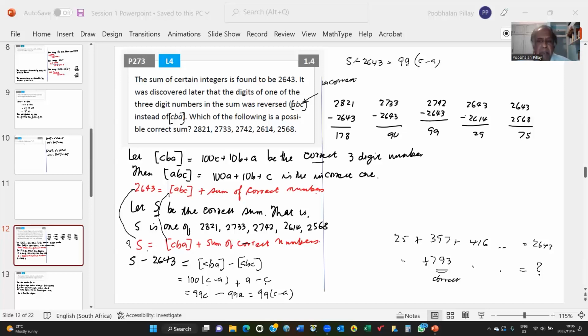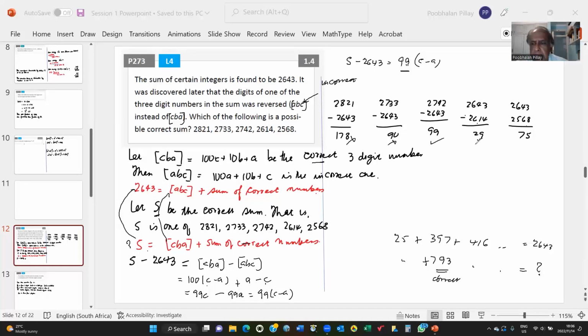So we know the possible values for S. There are 5 possible values. And from each of these, you subtract 2643, right? I'm working out the left-hand side, and I get these 5 numbers here. But I need to look for the number which is a multiple of 99. This is not a multiple of 99. That is not a multiple of 99.